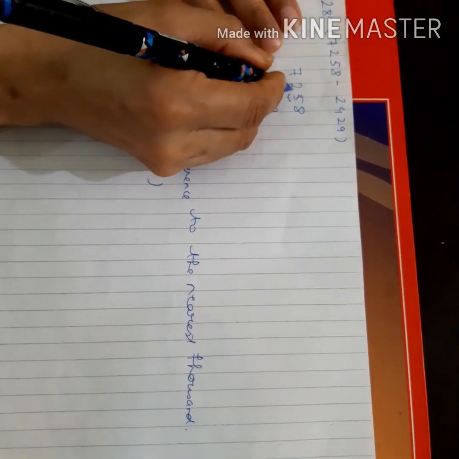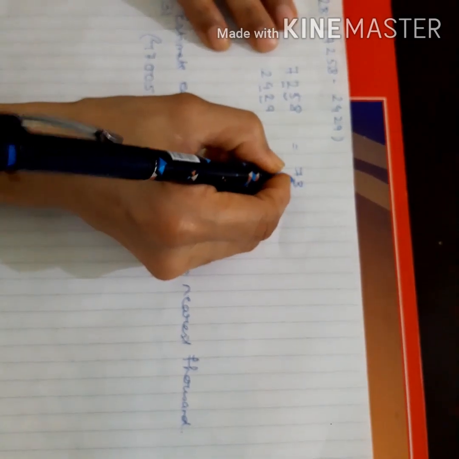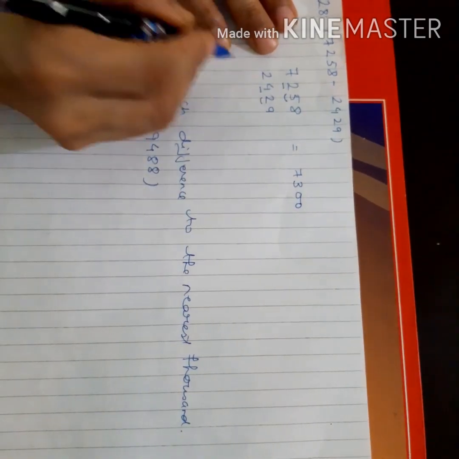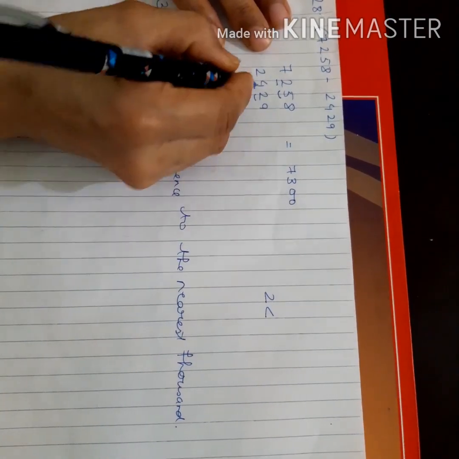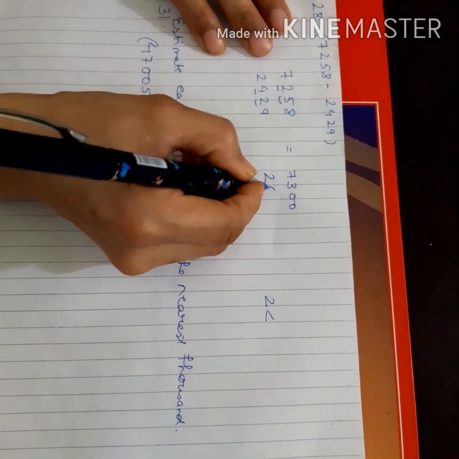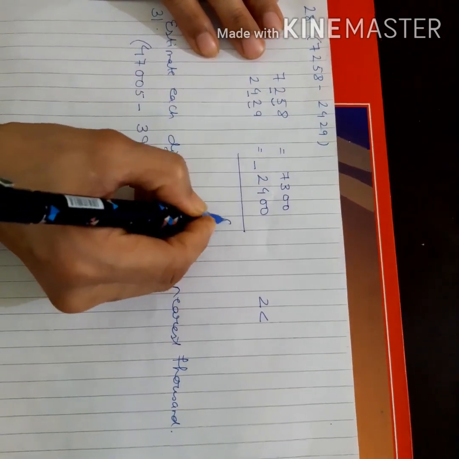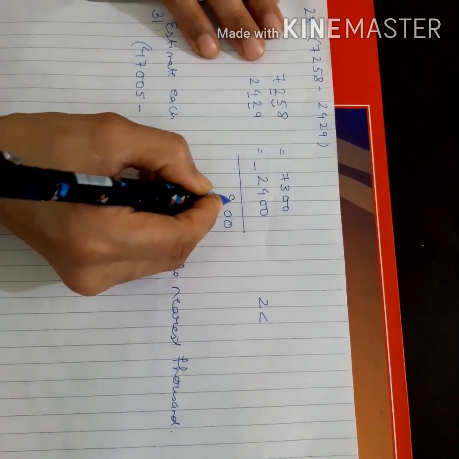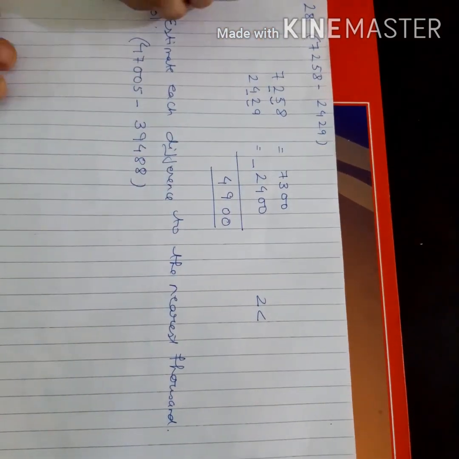It means this 100 digit will increase by 1 and it will be rounded off and it will become 7,300. Now this 2 is less than 5. So this will remain the same. So it will become 2,400. We have to find the difference. So we will subtract. Our answer is 4,900.